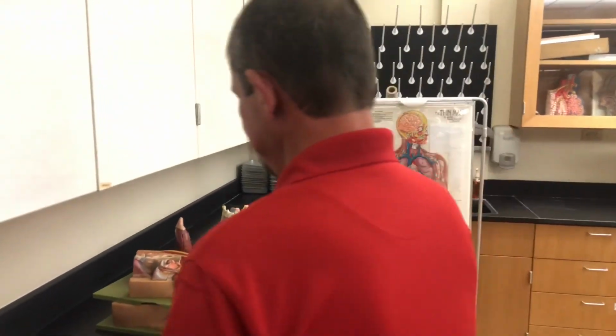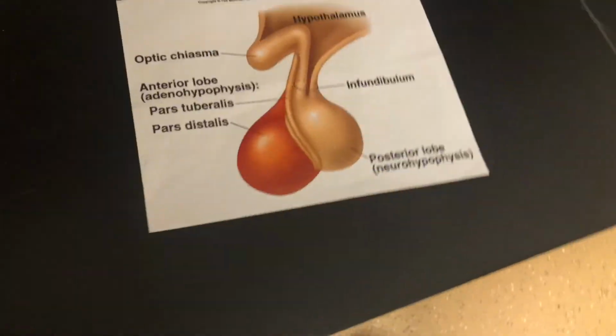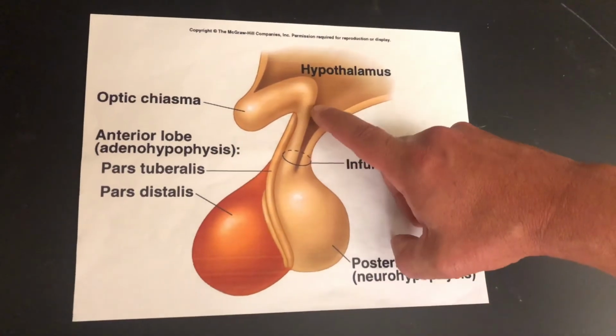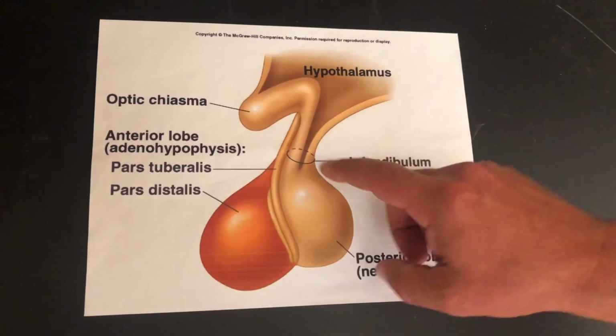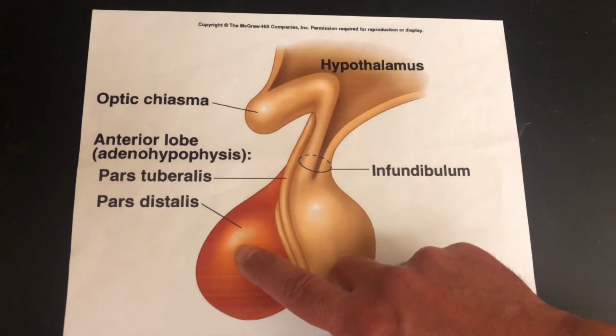Now we're going to further subdivide it. The pituitary gland can be further broken down into the posterior pituitary gland and the anterior pituitary gland. We do have a picture of this right here. In this picture, we can see the infundibulum coming down here, and then there is the anterior pituitary gland.